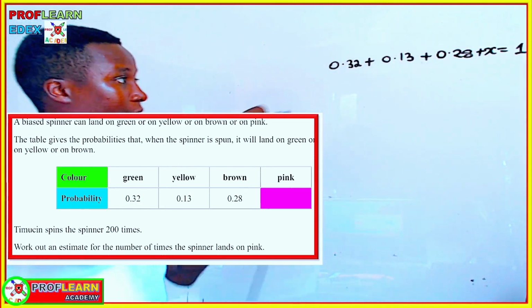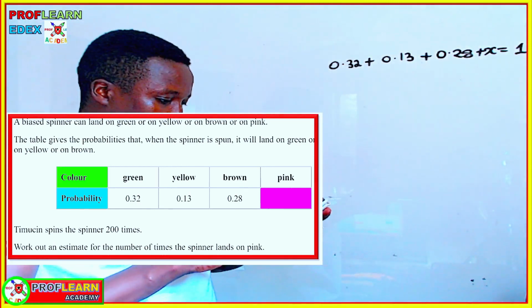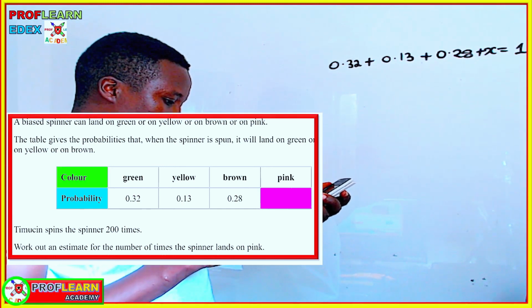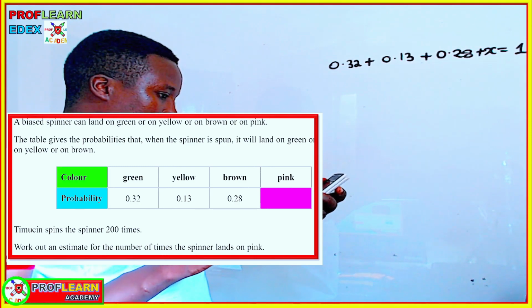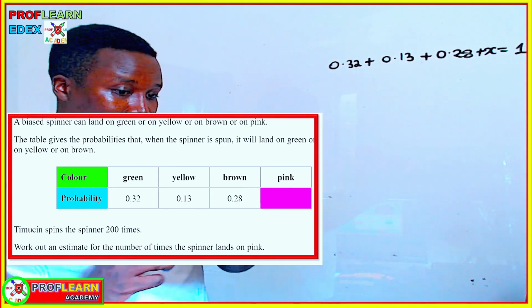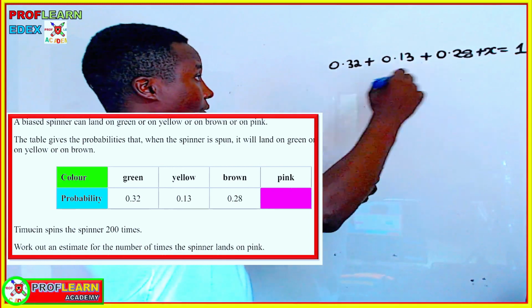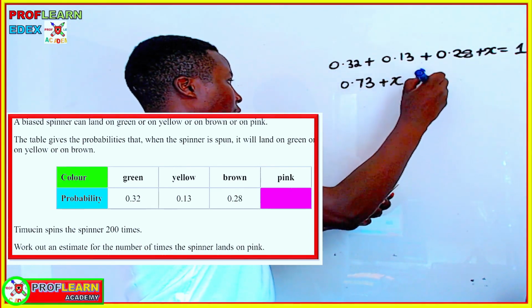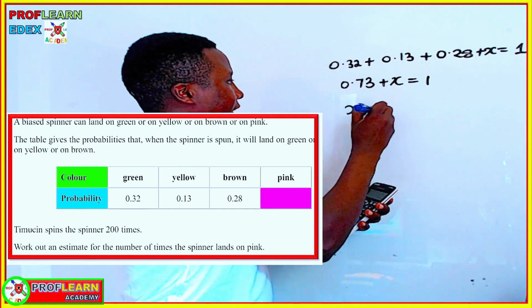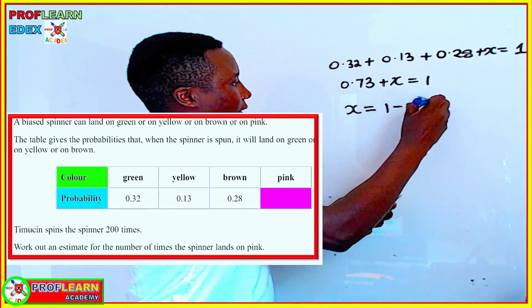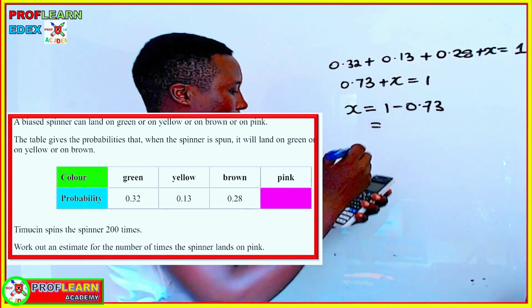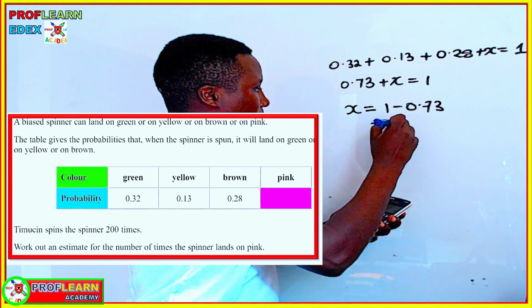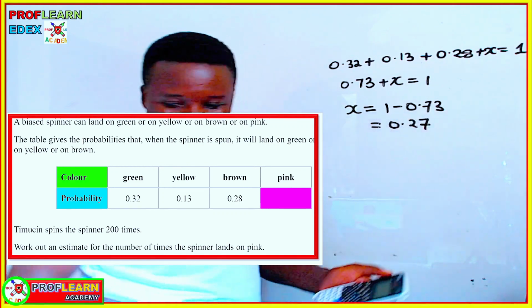Putting this into a calculator, 0.32 plus 0.13 plus 0.28 gives me 0.73. So 0.73 plus x equals 1, which means x is 1 minus 0.73, and this is the probability for pink, which is 0.27.